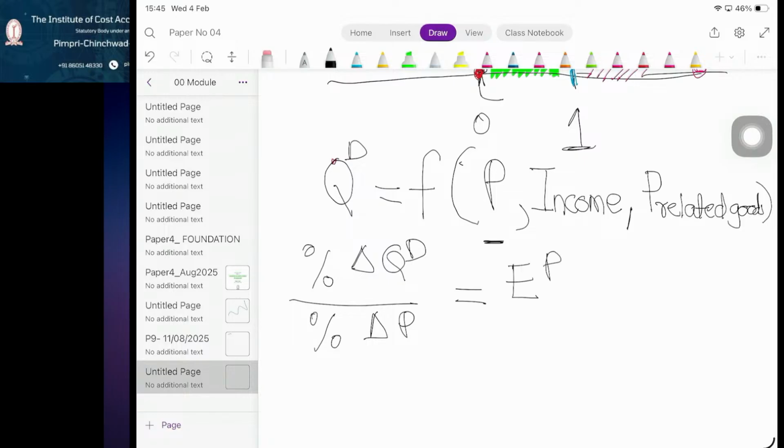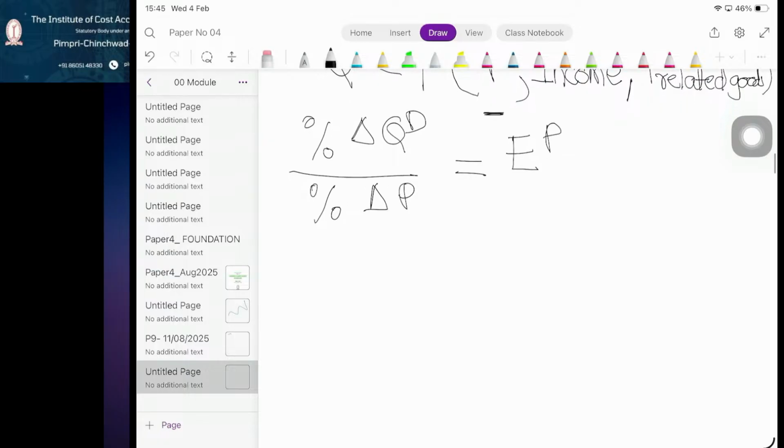So now if I do the other way around, percentage change in quantity demanded to percentage change in income, what will I get? I will get another elasticity.